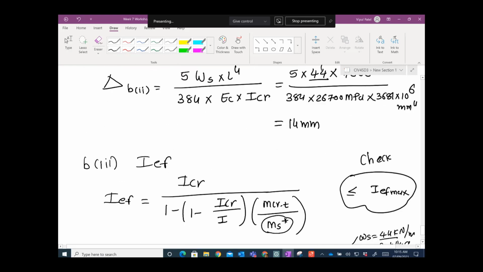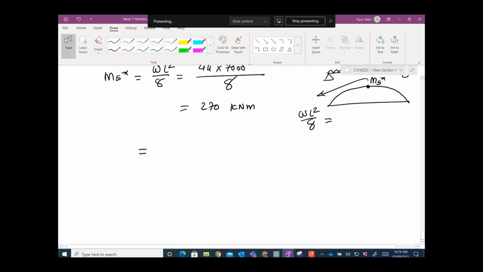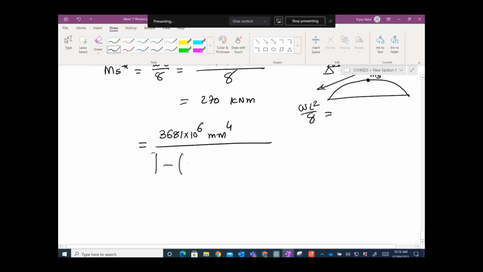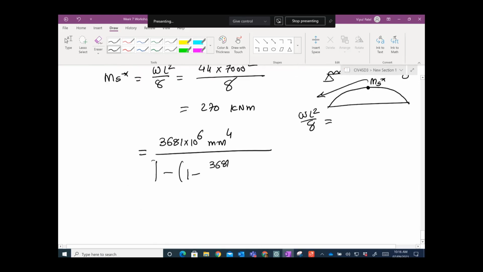I crack, we calculated I crack was 3681 times 10 raised to 6 millimeter to the power 4. 1 minus, I crack is 3681 times 10 raised to 6, I gross is 1 times 10 to the power 10.